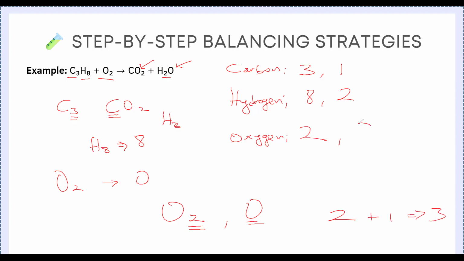So we have 2 on the left and 3 on the right. You can see how we outlined all the elements and counted the number of atoms for each of them on both sides. On the left-hand side, we counted, and on the right-hand side, we also counted.